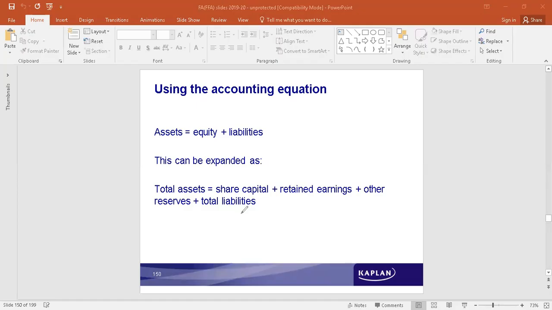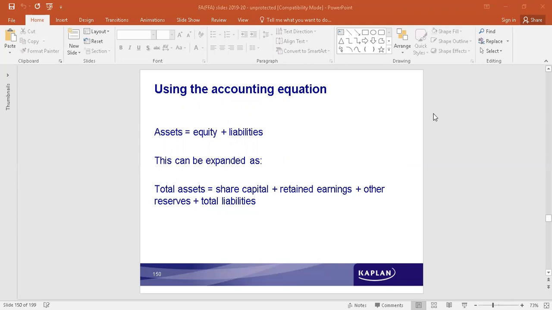Because total assets should be equal to equity plus liabilities, in this process anything which is not known or missing can be identified. In this manner, the missing figure can be known.